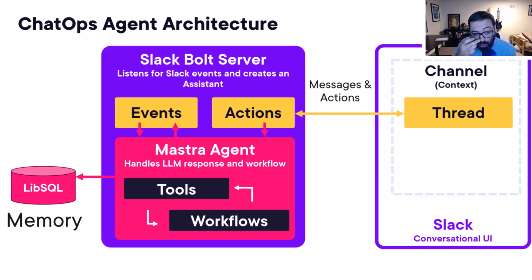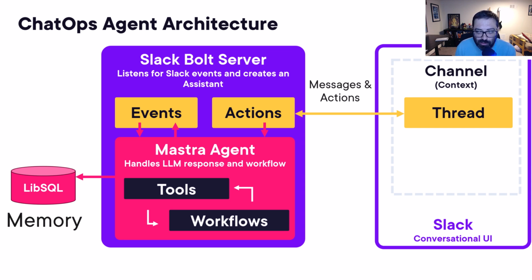I think what would be ideal is if the agent could actually just invoke the workflow from the user intent rather than me having to call it manually through a tool. But anyway, once the user takes an action, so the workflow gets suspended, right? If I want to do a human in the loop, the workflow gets suspended. It's returned as a Slack response, which gets sent back to the user in the conversation thread.